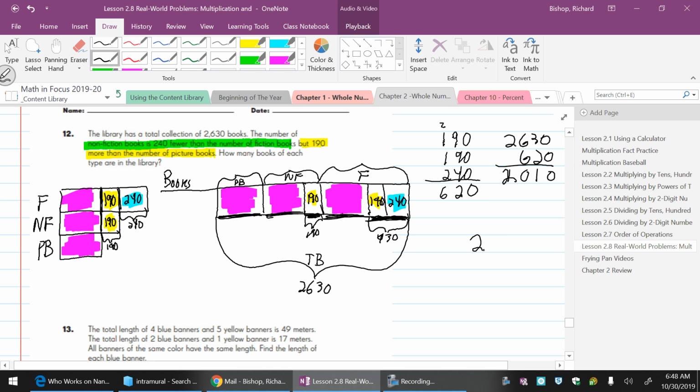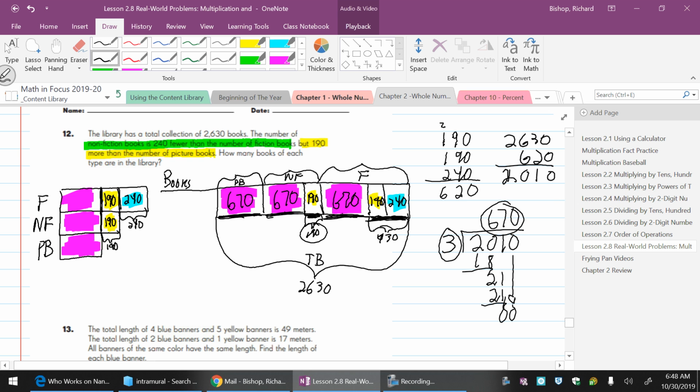So I have 3 equal sections. I'm going to divide by 3. And I see that it's going to go nicely with my long division, 670. 670, 670, 670. I divided the leftover 2,010 by 3 equal sections after I took out the parts that I did know. I had 3 equal sections.